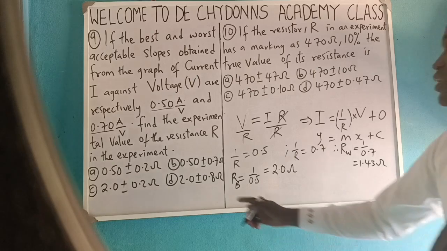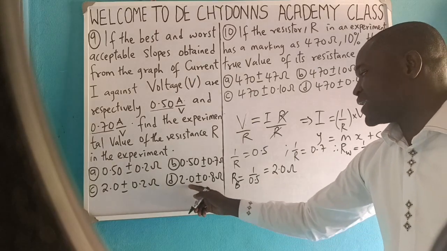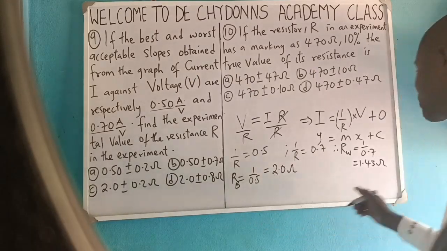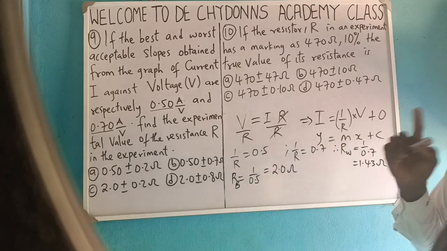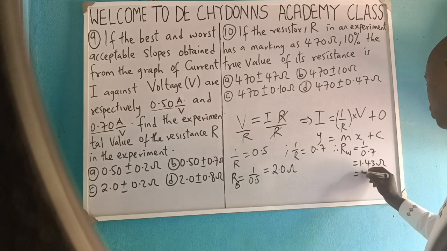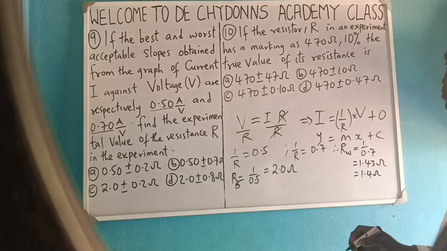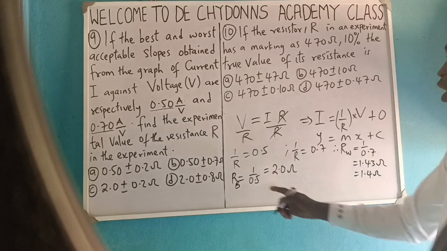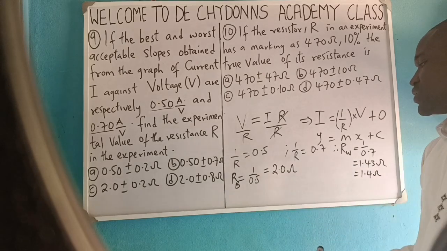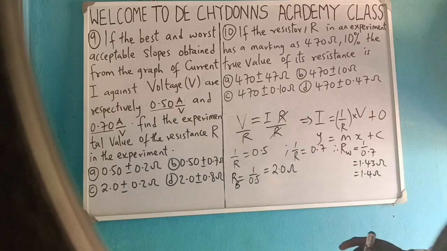Because this 2.0 is in 1 decimal place, approximating this to 1 decimal place will be 1.4 ohms. So we have gotten our best resistance and the worst resistance.